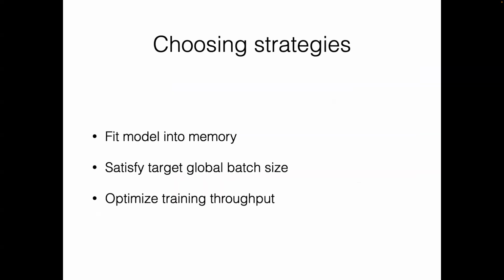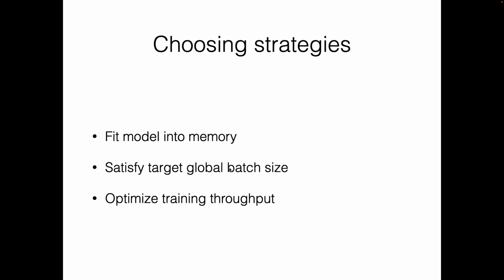A high level way to think about it is, first you have to make sure that your model fits into memory. If it doesn't, then, let's say you're not using ZeRO, you have to use either tensor or pipeline parallelism. Then once you fit the model into memory, you want to think about how you satisfy the target global batch size.